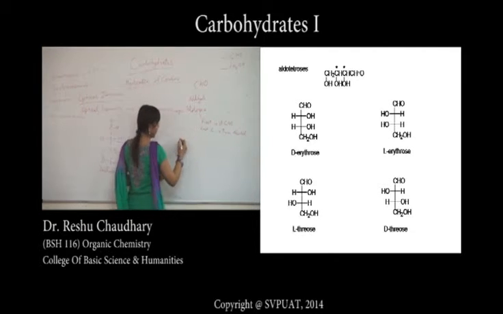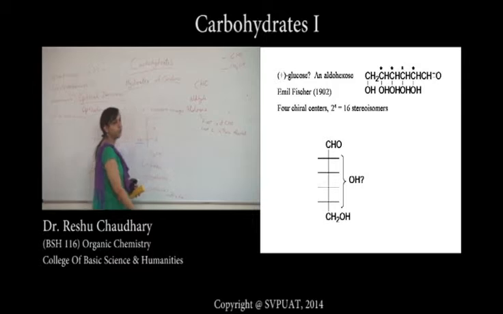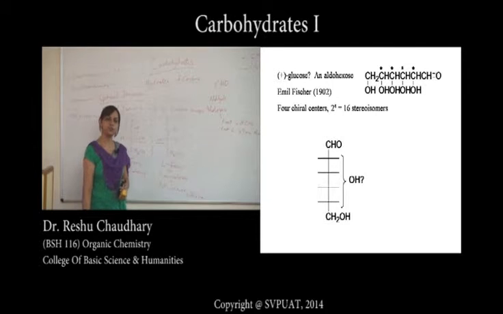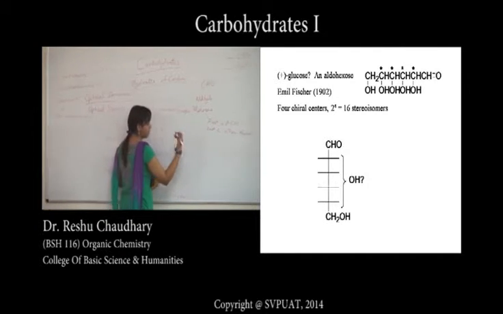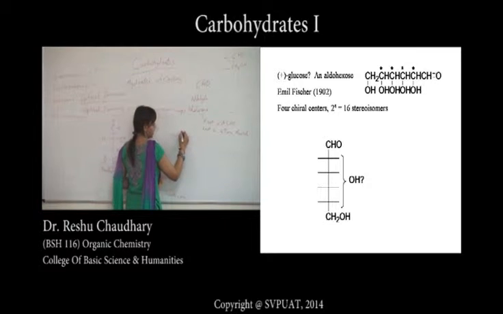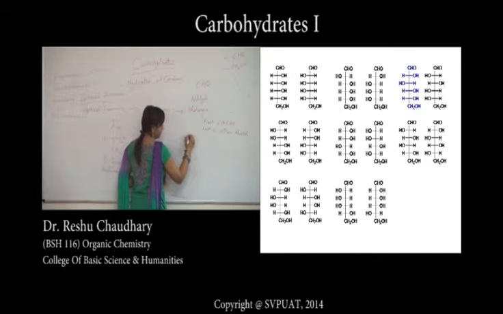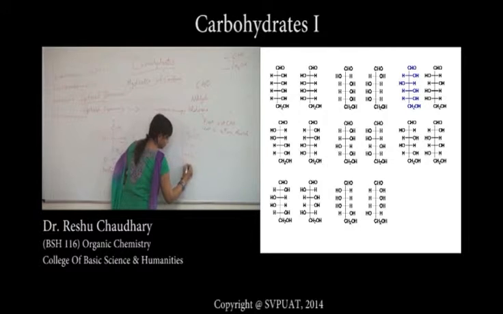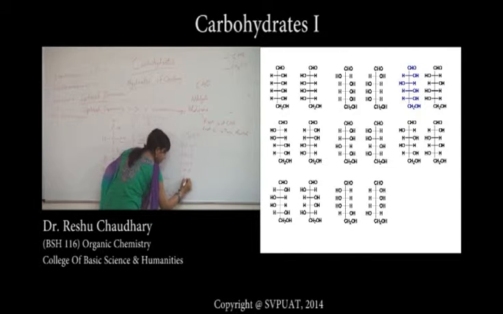Now, if we talk about glucose, fructose and mannose, they are the isomers of each other. As we know, the structure of fructose is CH2OH, CO, and the last one is CH2OH. This is fructose.